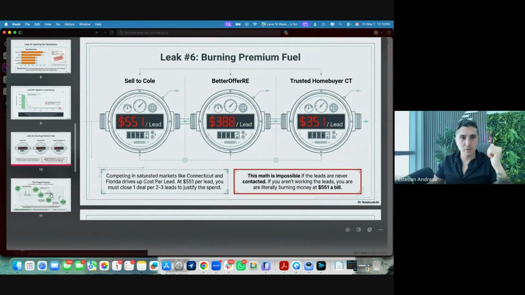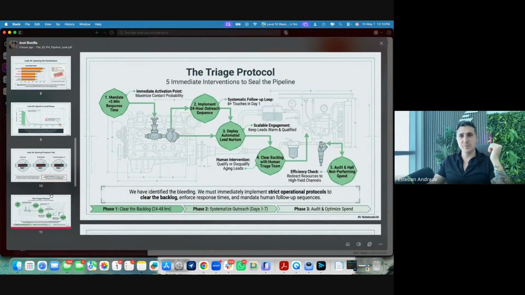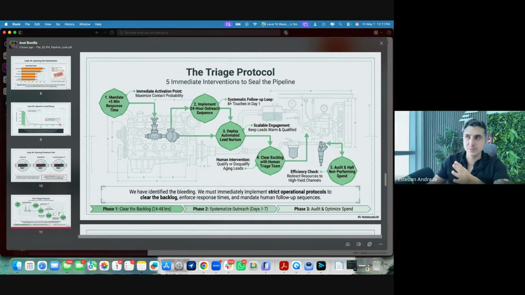So I'm not going to dive deeper into this, but you definitely want to have a very good speed to lead protocol in order to make sure that most leads are actually going to a sales process. Because you can't have a sales process if you don't have speed to lead, if you don't have a good lead management process, if you don't have a good nurturing process, right?